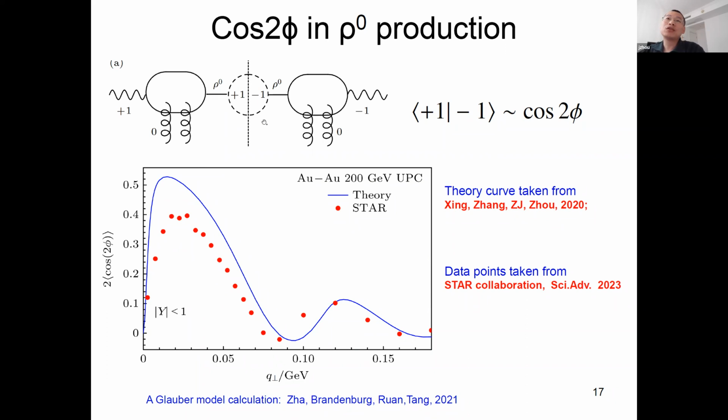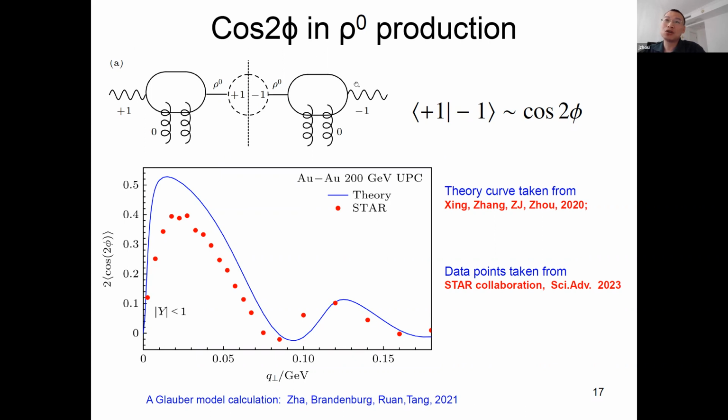From this intuitive picture, one can easily understand why there's a cosine 4 phi as the main asymmetry in dilepton production. That's because we have two incoming coherent photons. Suppose on the left side, we have two incoming photons, both carrying +1 unit of spin angular momentum.